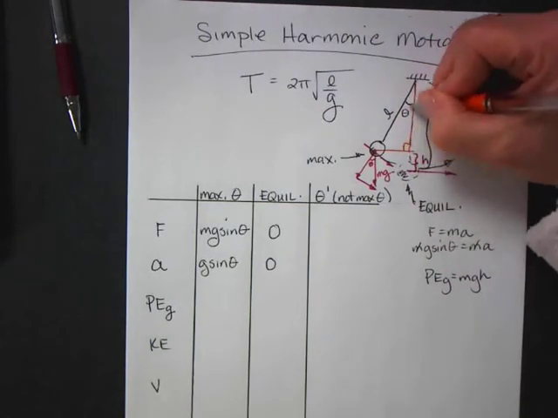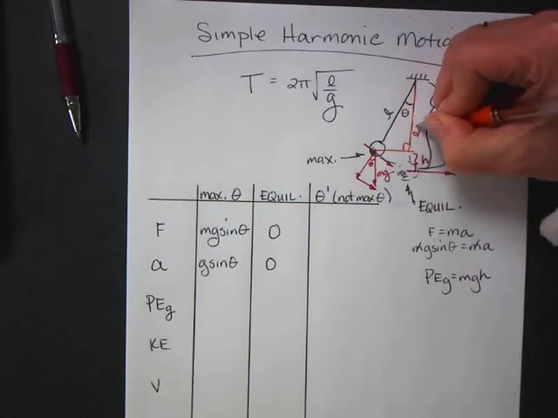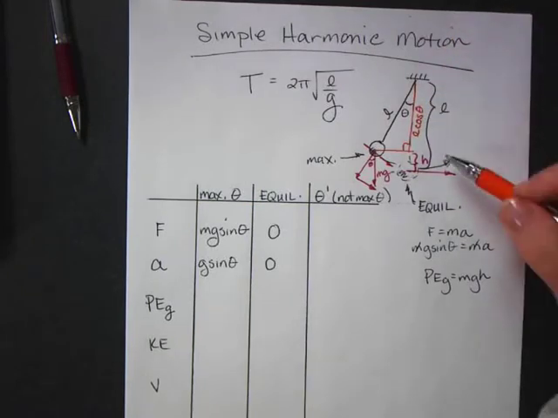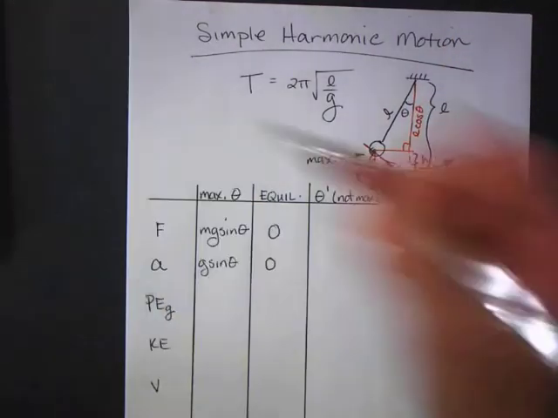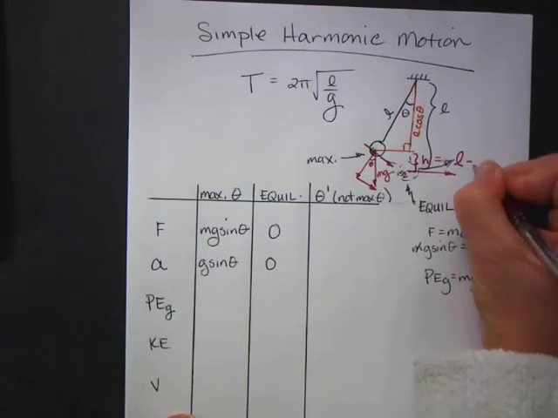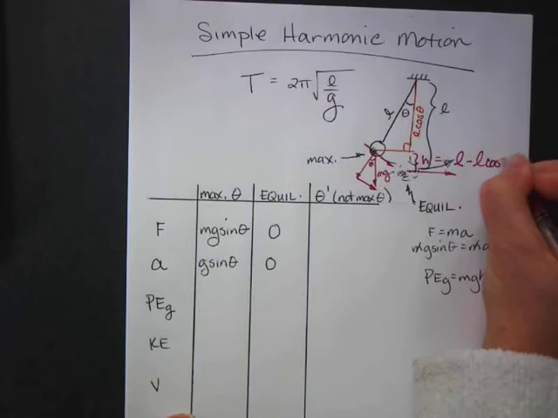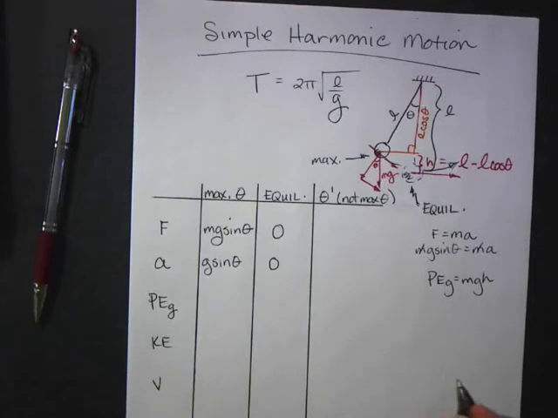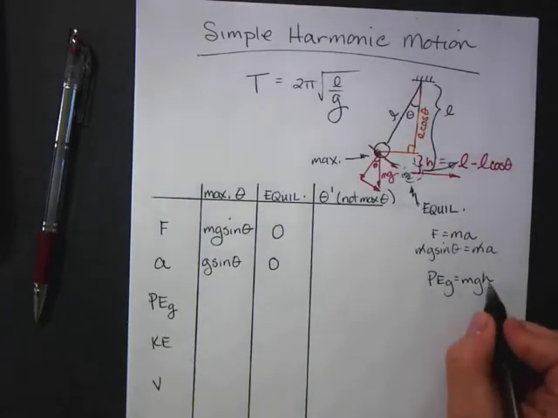And if you remember your trig, the side that's adjacent to the angle is the cosine component. So H is L minus L cosine theta. That's the height that I actually lifted the pendulum vertically.